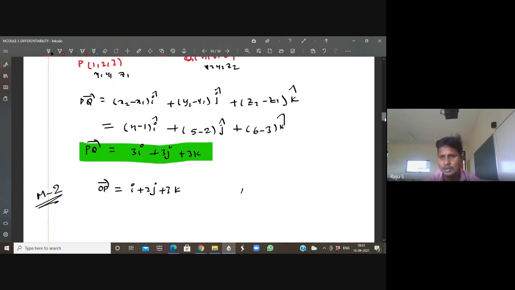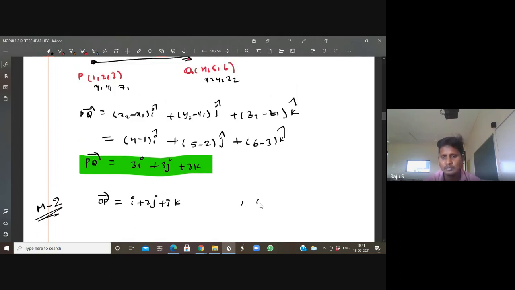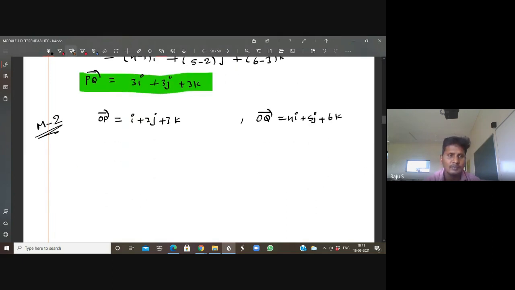The position vector of the point Q can be denoted by OQ, that is equal to 4i plus 5j plus 6k. After getting OP and OQ, we want to find the PQ vector. PQ vector is equal to OQ vector minus OP.